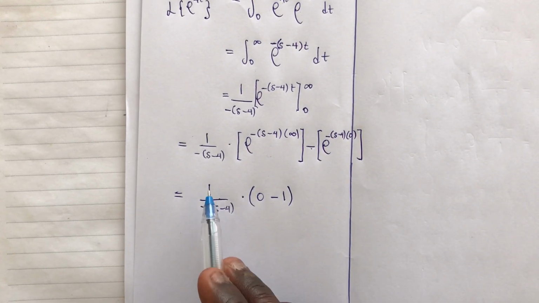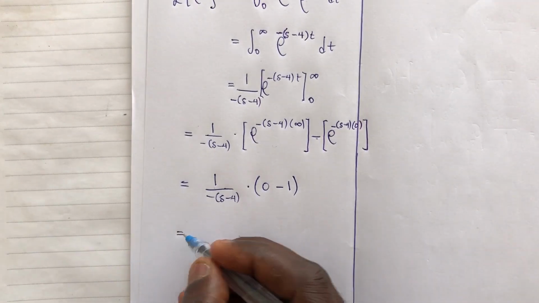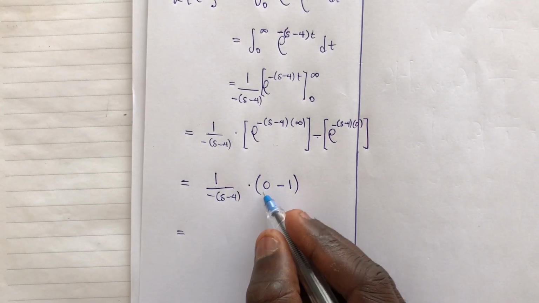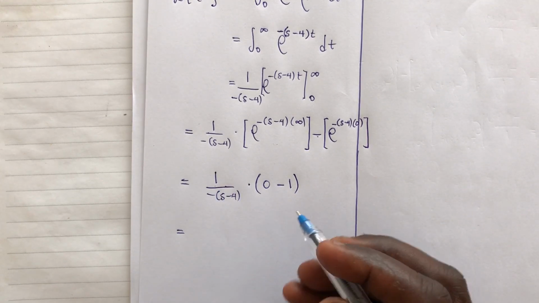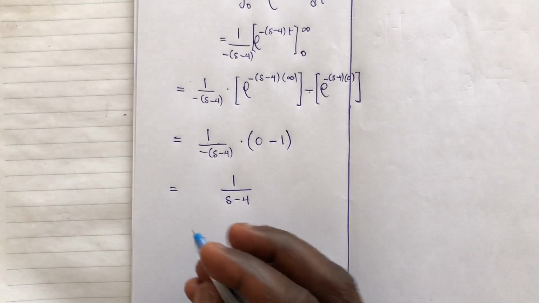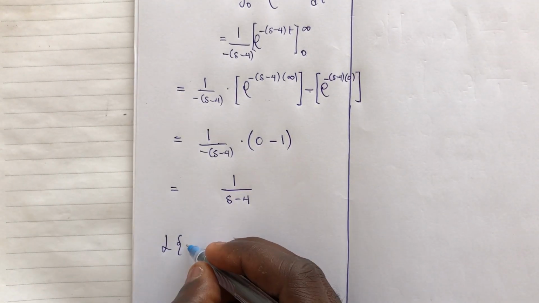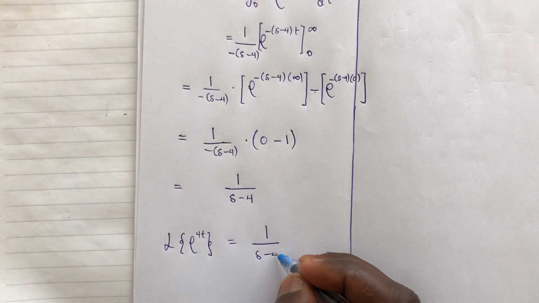So now use this to multiply this. This times 0 is 0. This whole result times negative 1 becomes a positive function. So we have 1 over s minus 4. So the Laplace transform of e to the power 4t equals 1 over s minus 4.